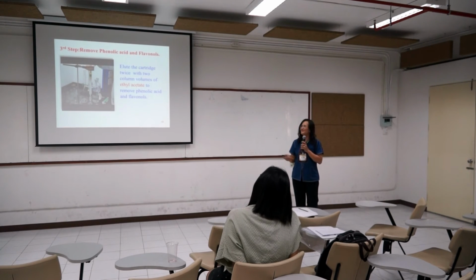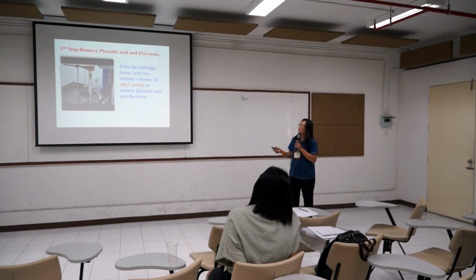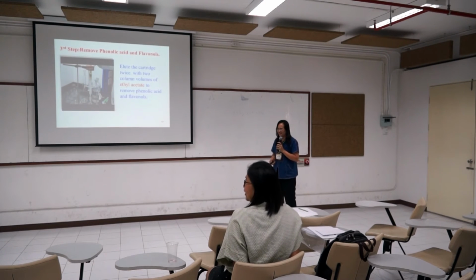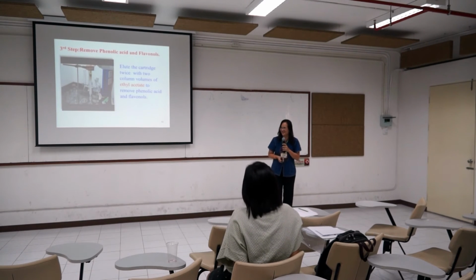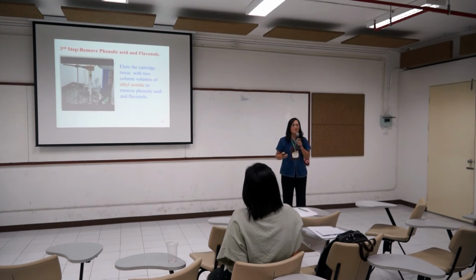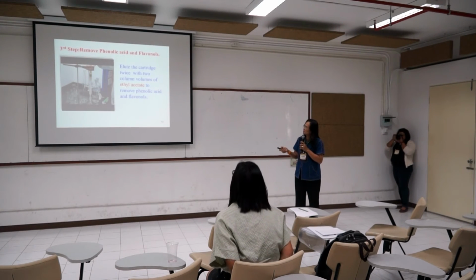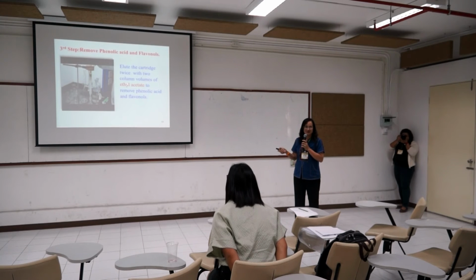And next, I don't need phenolics and flavanols. The same question again: are phenolics and flavanols polar or non-polar? Non-polar. I know, you guessed, right? Still polar, but less than sugar and acid. That's why I choose the solvent ethyl acetate.